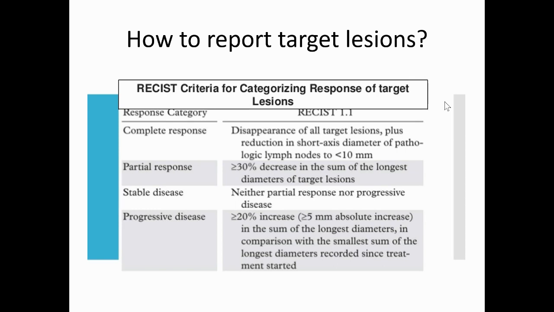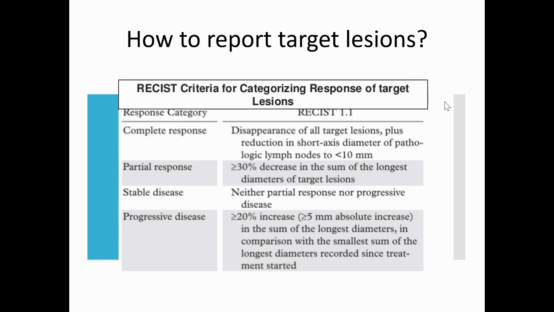If everything disappeared, then by RECIST standard, you call that complete response. If there was a greater than 30% decrease in your reference number, then that's partial response. If nothing has changed, then that's stable disease.